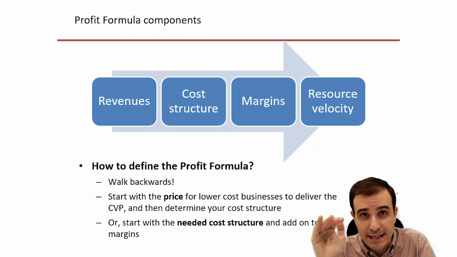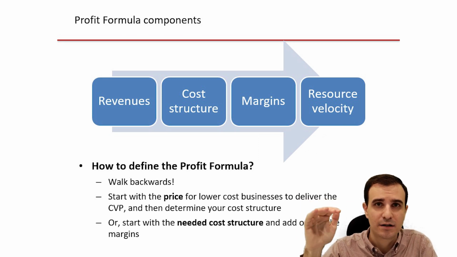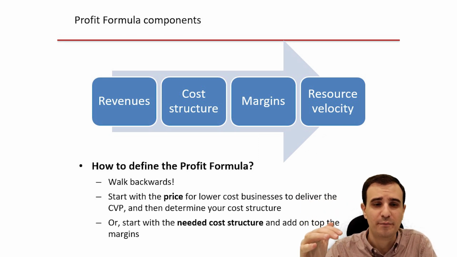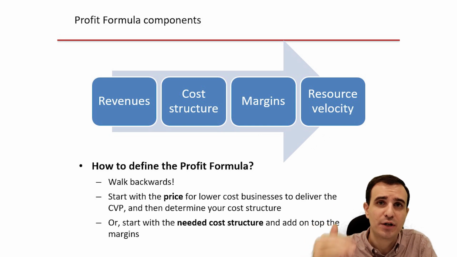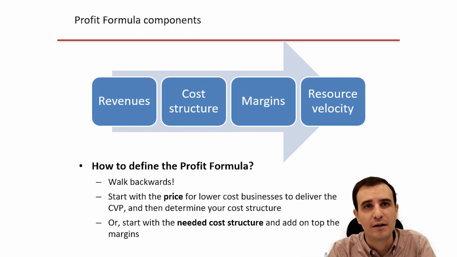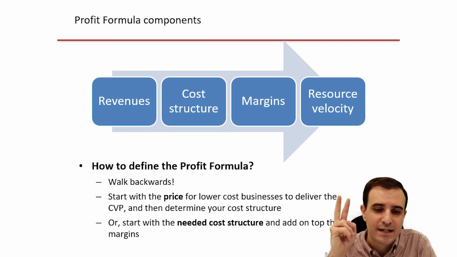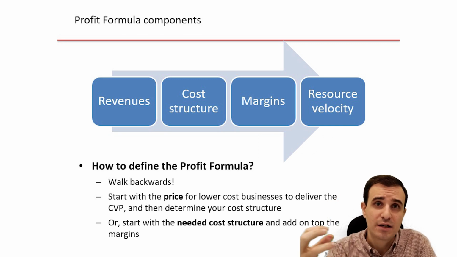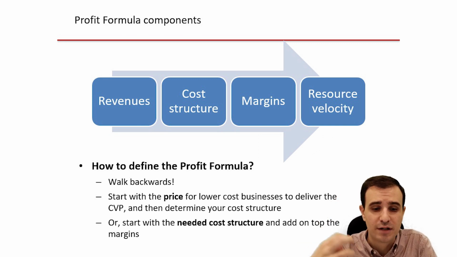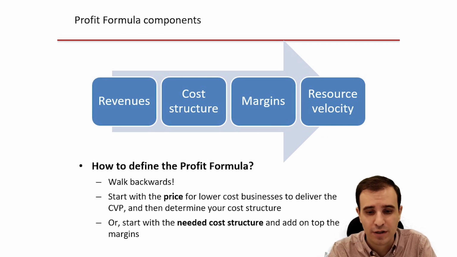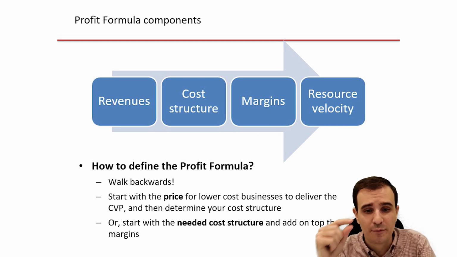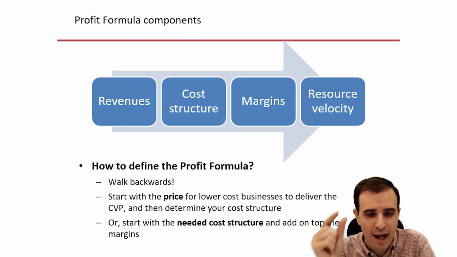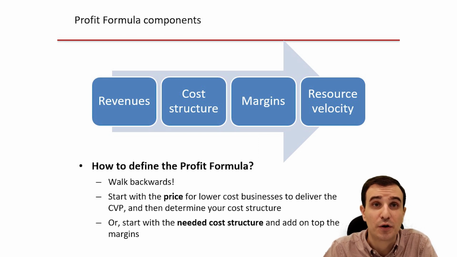And then by setting this as a standard, so the price by your competitors, then you determine your cost structure. This is one way. The second way is that you start internally. So you start from your cost structure internally, then you add on top the margins to monetize, to create profits for your organization, and then this will lead to your profit formula.